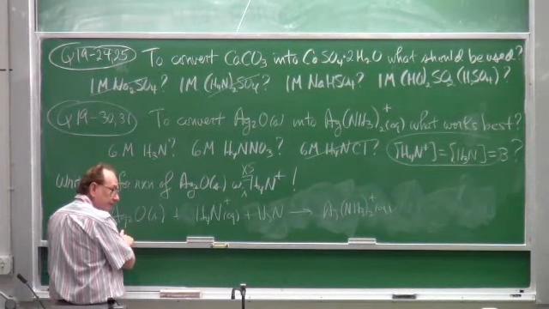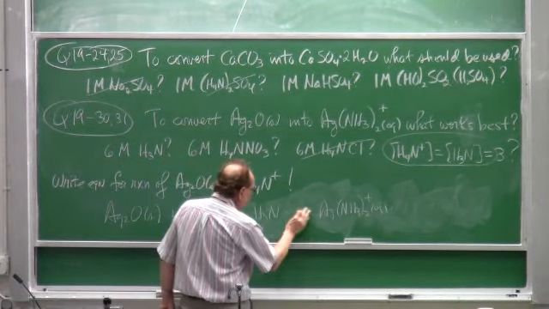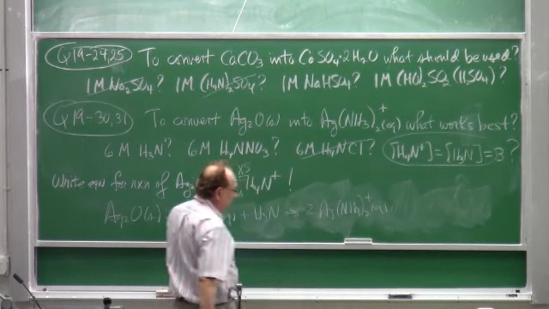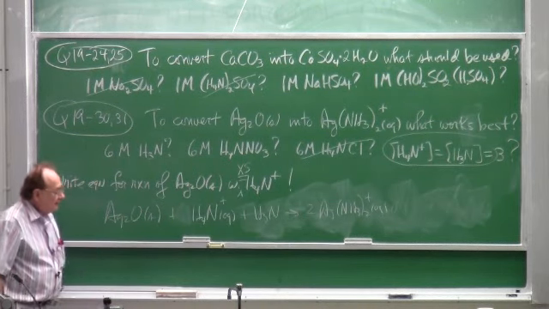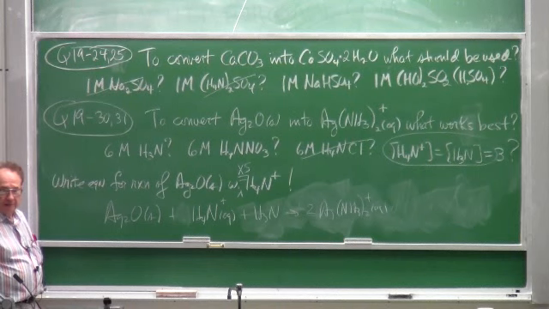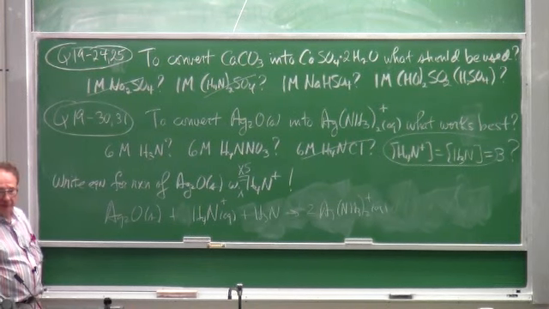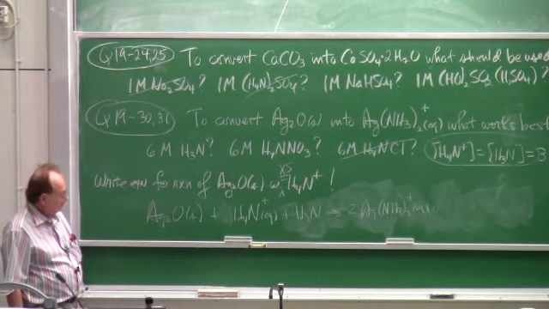So 2 moles of silver ion here, which means 2 moles of silver ammonia complex ion producible.